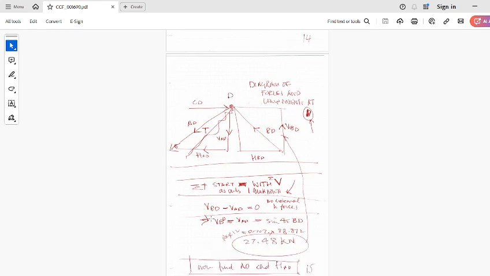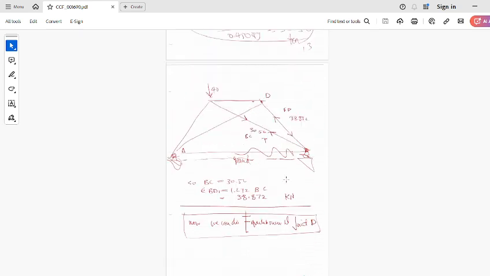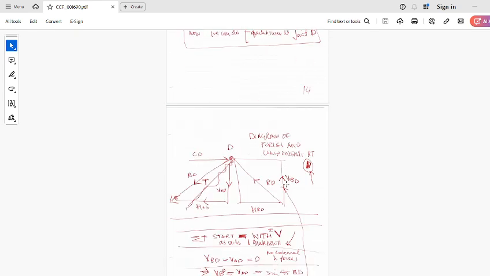So we start with vertical equilibrium, because there's only one unknown, that is VAD. VBD minus VAD equals 0. VBD equals VAD equals sine 45 BD, which is 0.707 times 38.872, so that's 27.48. So VBD is 27.48, which means VAD is 27.48.